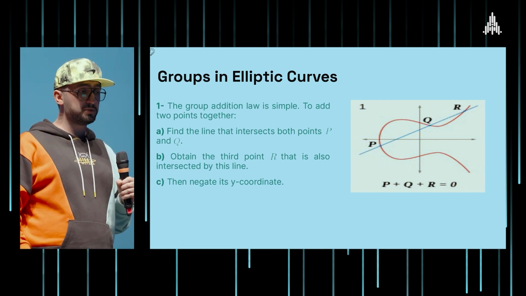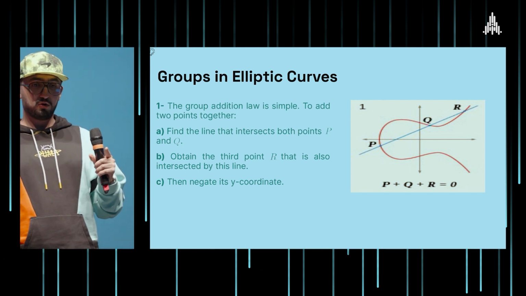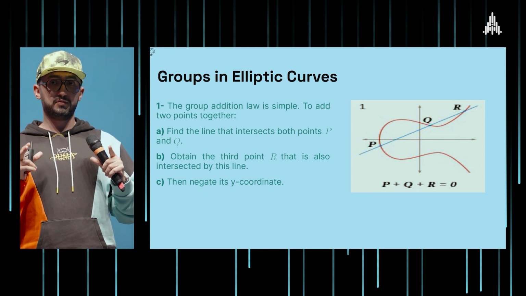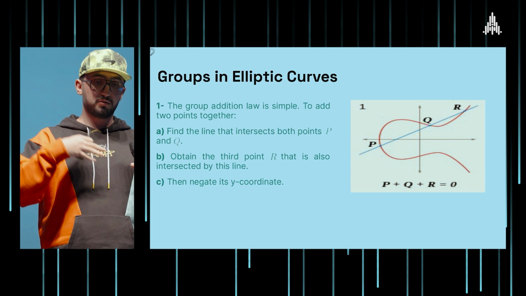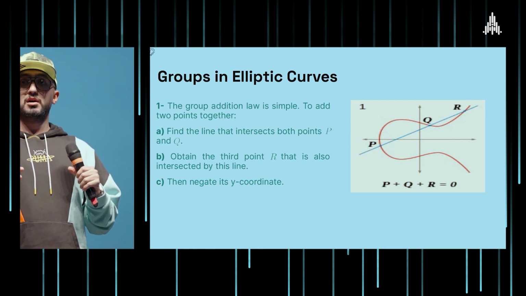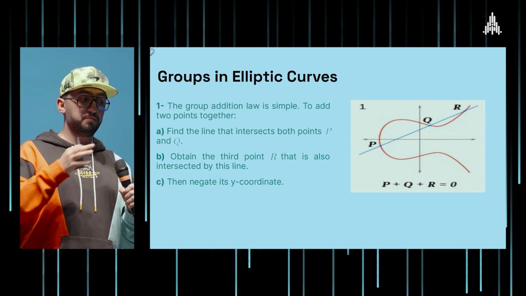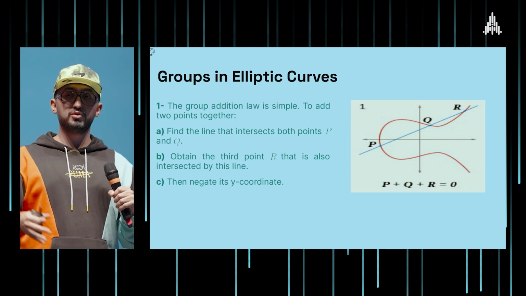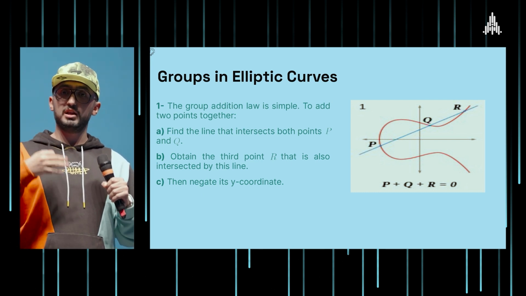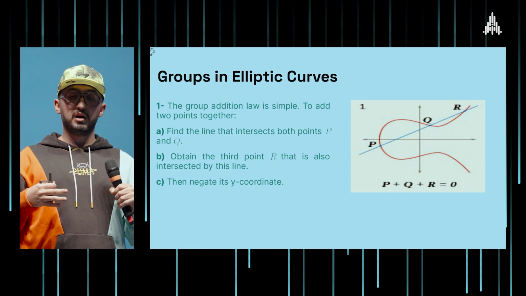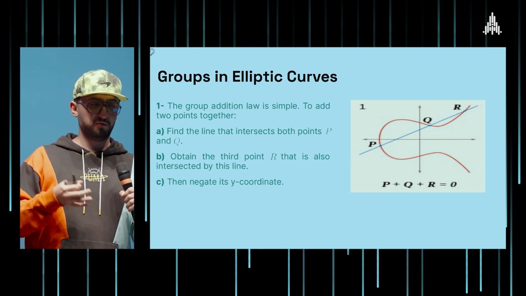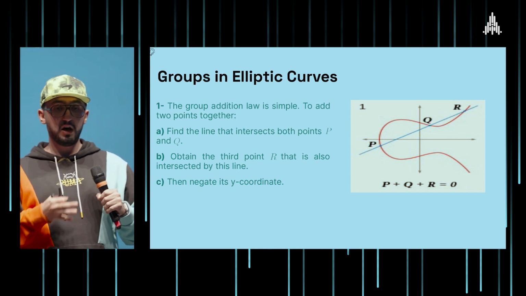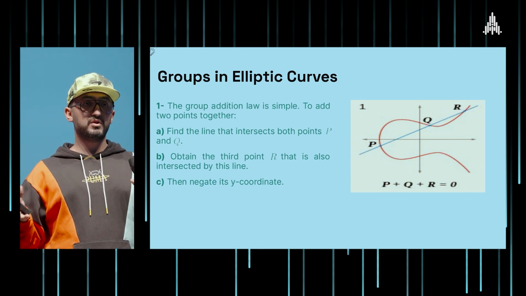So, how do groups in elliptic curves work? As I told you, we have a modulus, which is our base field, where we put in numbers and get results. When we pick this, we are trying to have a good elliptic curve which gives us the most group orders, which means we will have the maximum amount of results within our base field.